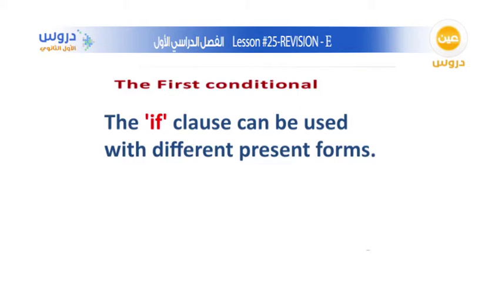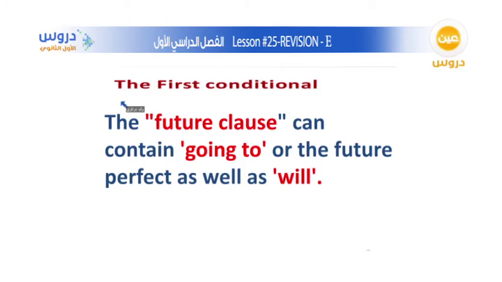So now can you make a sentence here using this conditional clause starting with if, please? Yes, all of you, Miss Rania, Mr. Abdul Malik, Miss Yasmin, and Miss Fatma, please.